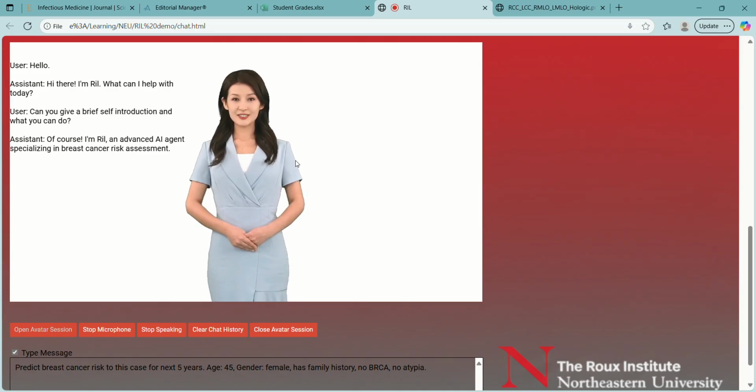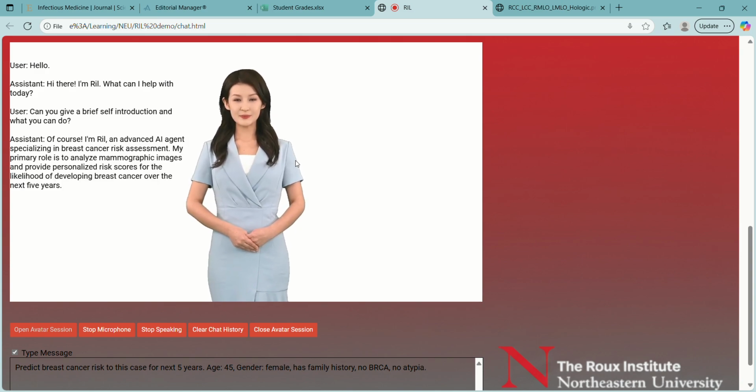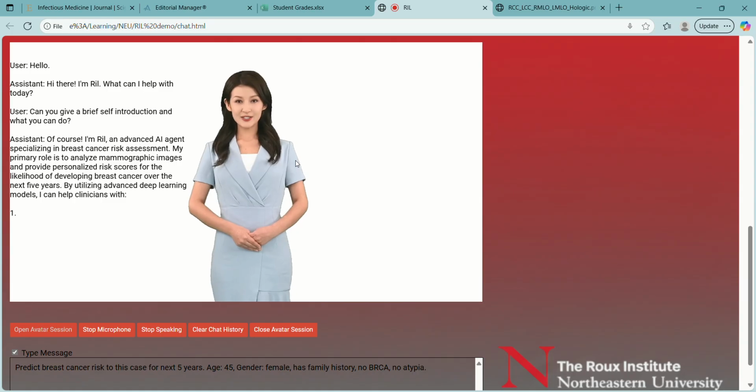Of course. I'm RIL, an advanced AI agent specializing in breast cancer risk assessment. My primary role is to analyze mammographic images and provide personalized risk scores for the likelihood of developing breast cancer over the next 5 years. By utilizing advanced deep learning models, I can help clinicians with: 1. Risk assessment.